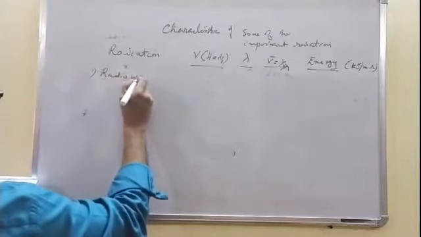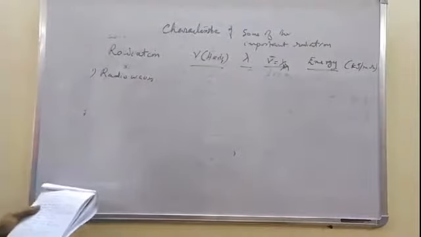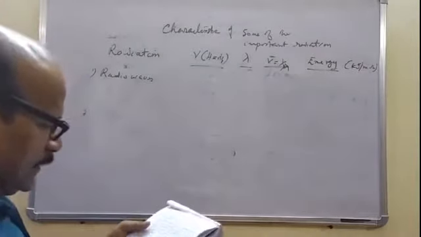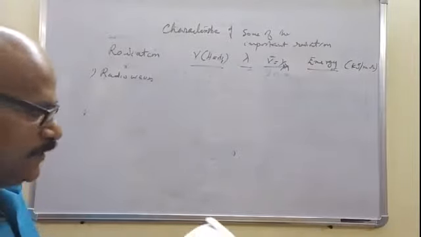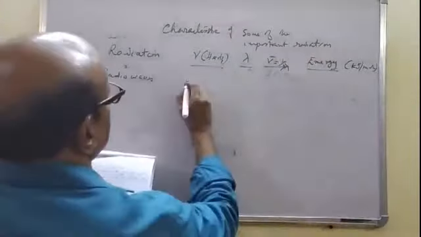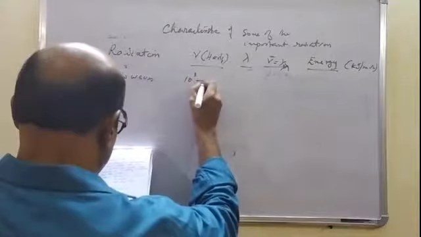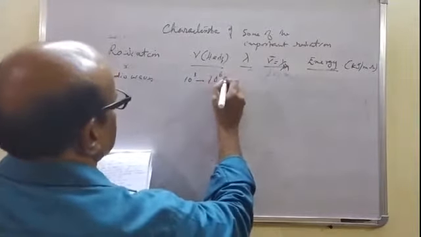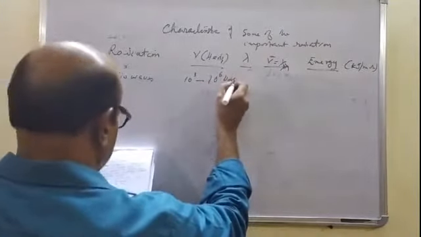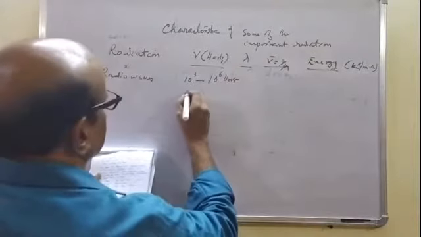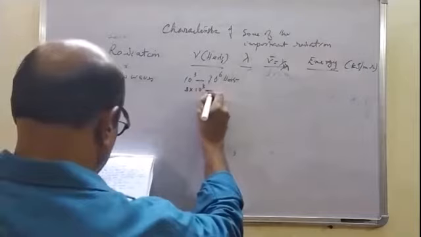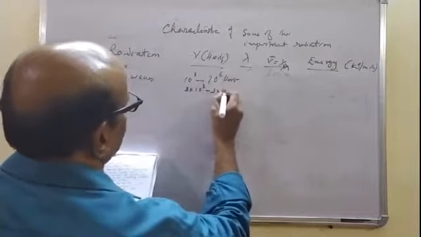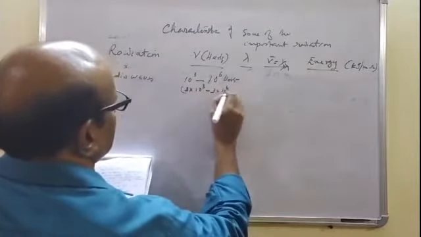Radio waves. Radio waves, they have the cycles, the frequency is very small, for the order of 10⁻³ to 10⁻⁶ hertz. In strict sense, it is 3 into 10⁻³ to 3 into 10⁻⁶ hertzകളാണ് വരുന്നത്.